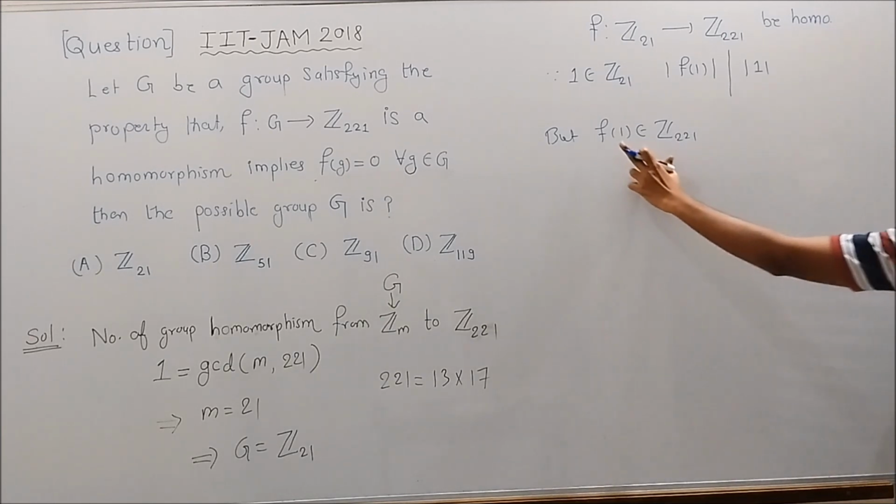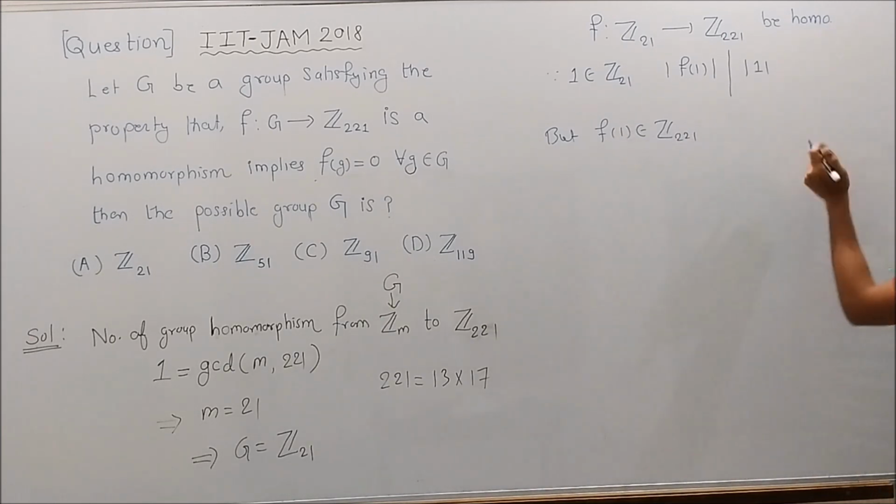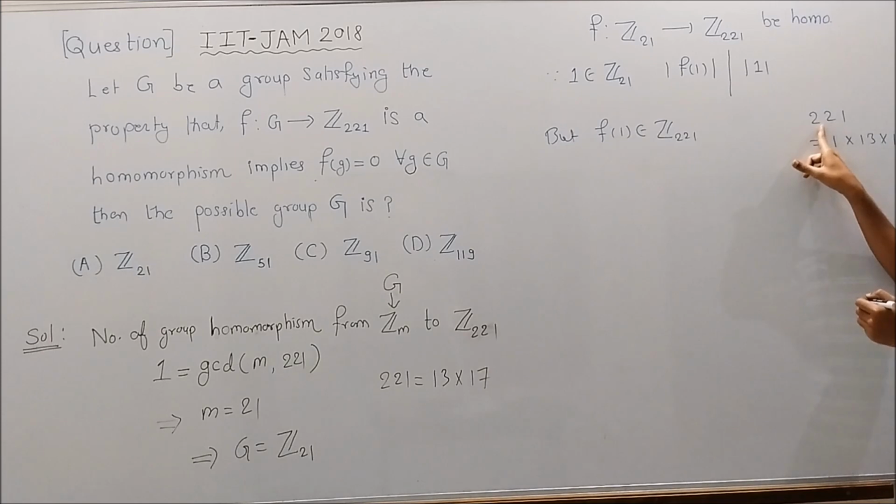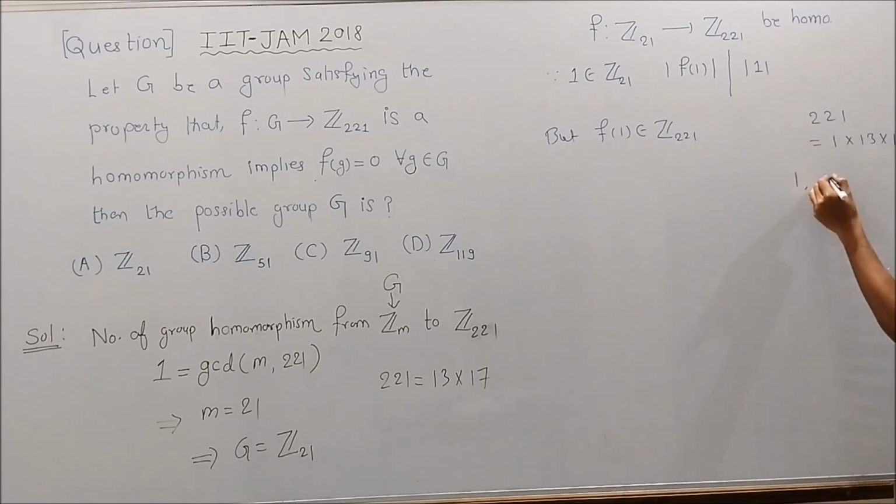So what are the possible orders of f of 1? Since 221 is equal to 1 times 13 times 17, the possible divisors of 221 are 1, 13, 17 and 221.